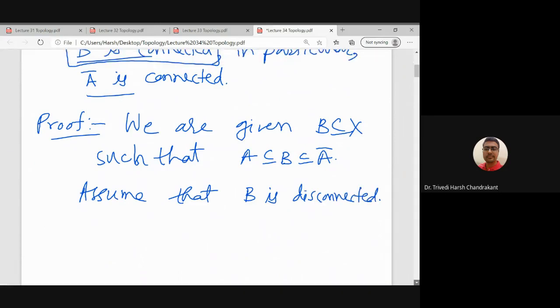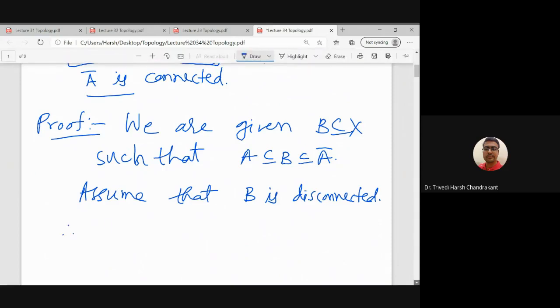So B is disconnected means we know that every disconnected topological space has a separation U1, U2.